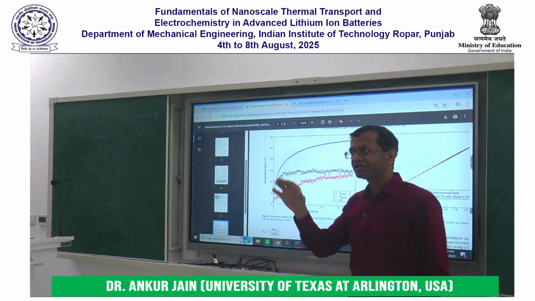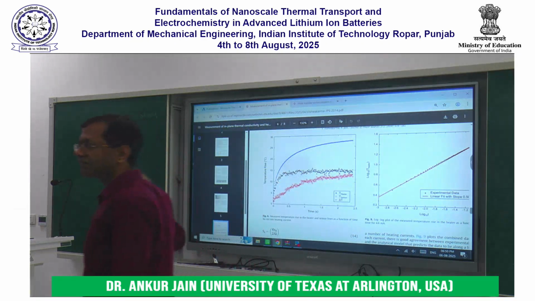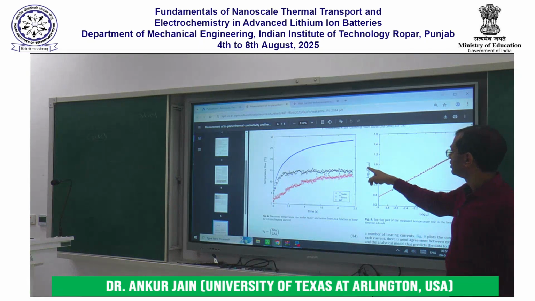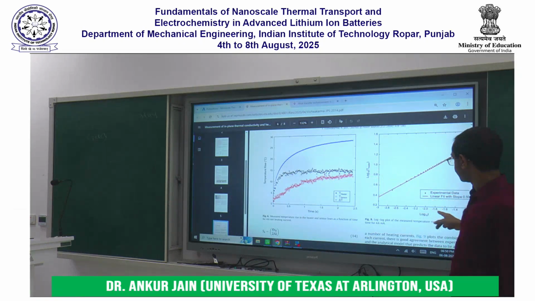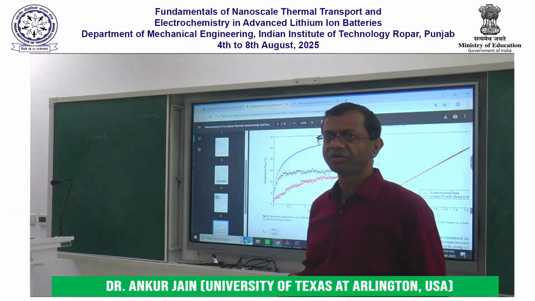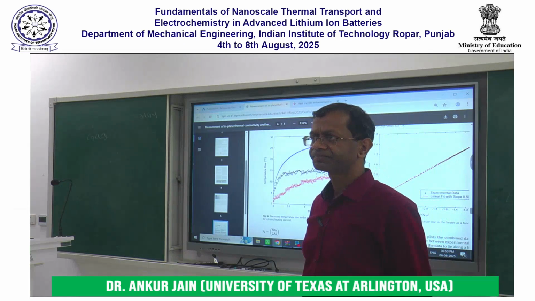And that constant value at large times gives us information about the thermal conductivity of the body. And also if I plot the heater temperature as a function of time, we find that it is also a straight line, and the slope of that straight line gives us information about the thermal properties of the body.